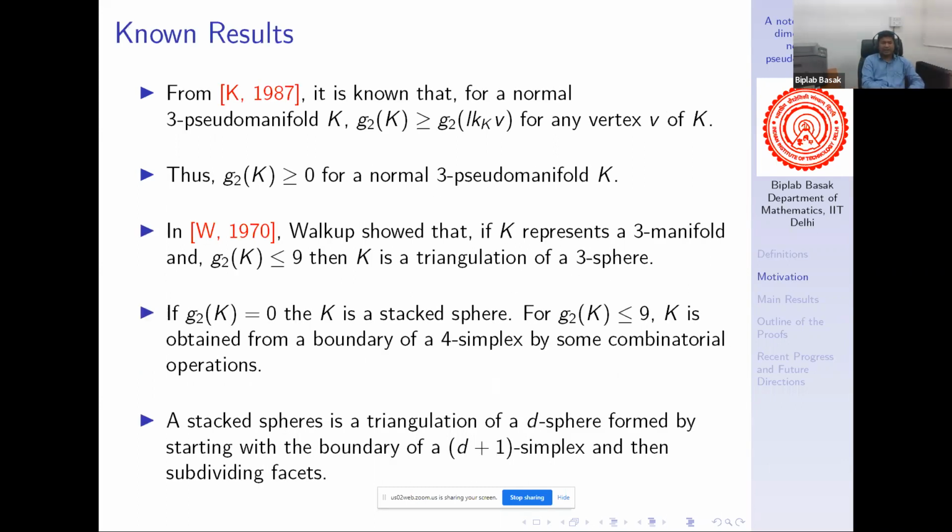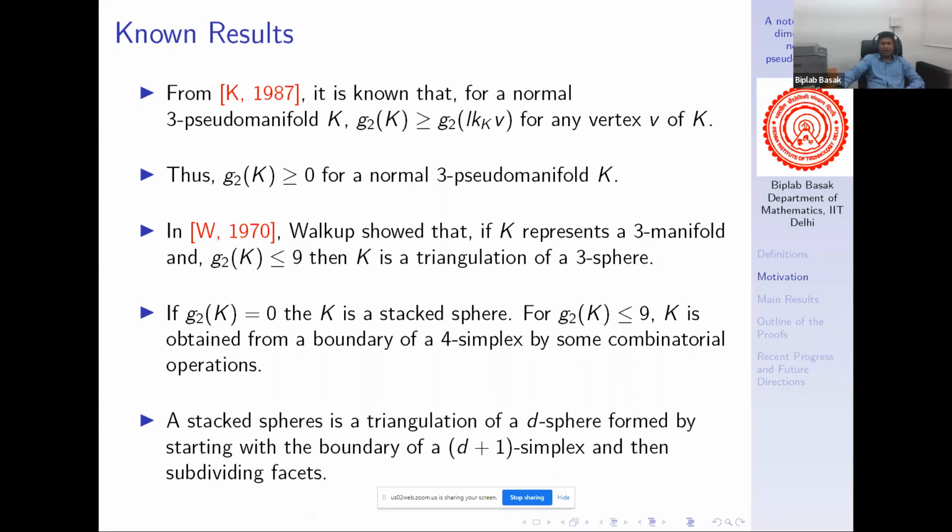Now there are some results which we can take from the 1970s. First of all, Kalai proved that for any normal three pseudomanifold K, G2 of K is bigger or equal to G2 of the link of any vertex. For a three pseudomanifold K, we know that the link of V is a closed connected surface, right?